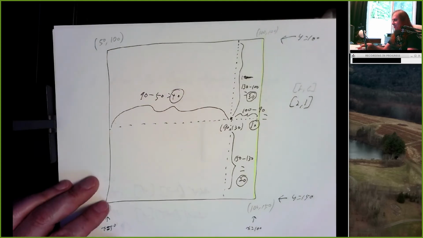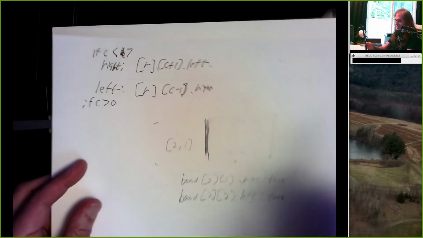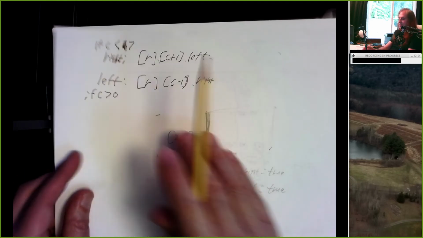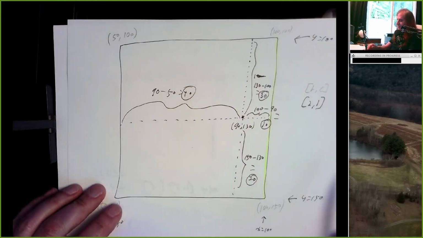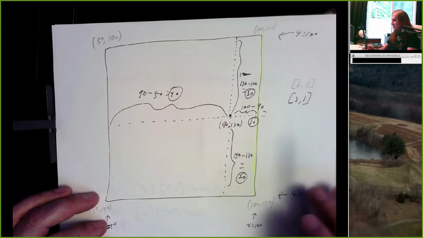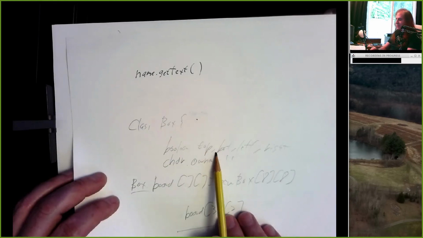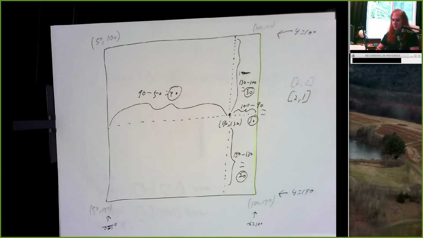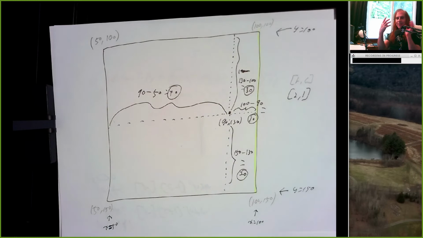And then same thing when you come over and you check, say, the column to the right to see if that box has been completed. If that turns out to have been completed now, then you also need to set the ownership in that box to the current player's initial. And so you could bundle all of that into a method, right?